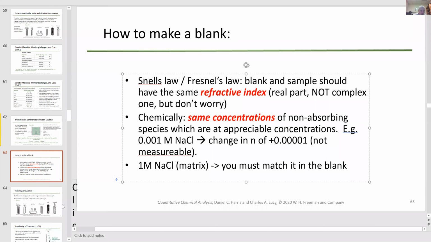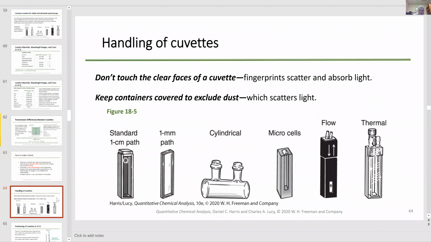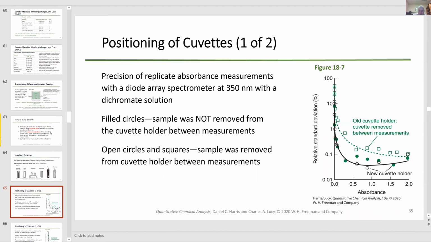Okay, so now another thing is, you have to have the cuvette be the same, and there are different types of cuvettes. And then the positioning of the cuvettes is important.